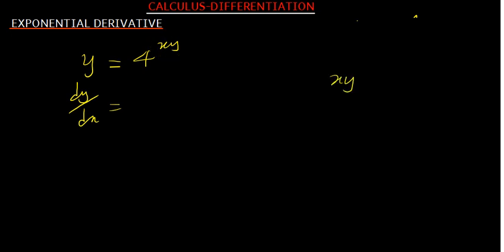Now the derivative of xy: first find the derivative of one, maintain the other, because this is a product of 2. If we differentiate x, we get a 1, and then we maintain the y just the way it is.